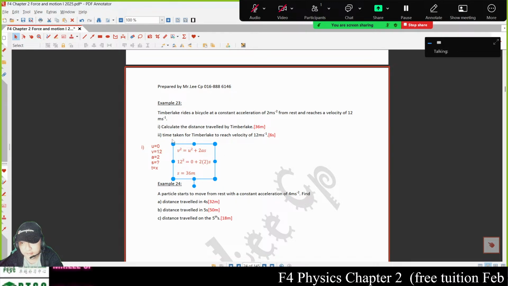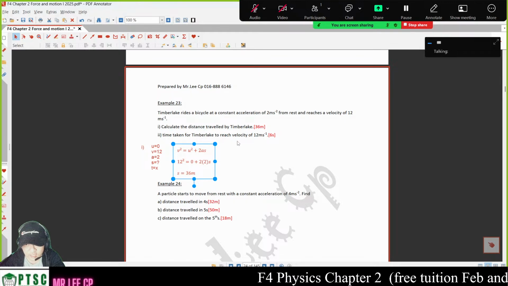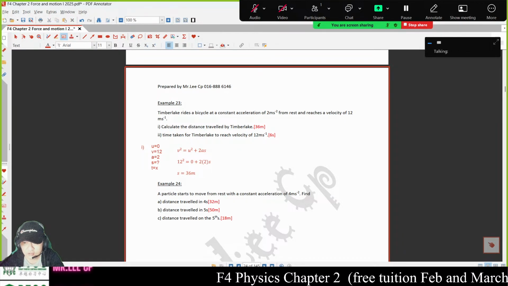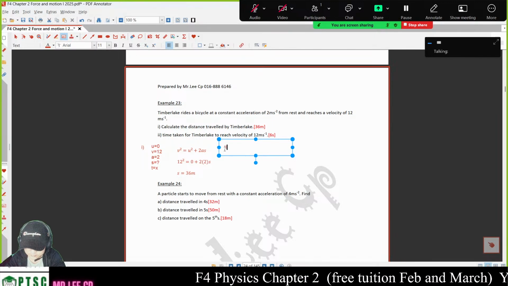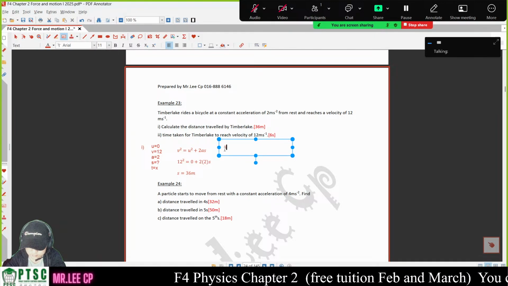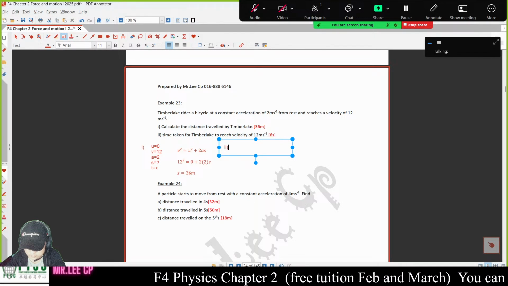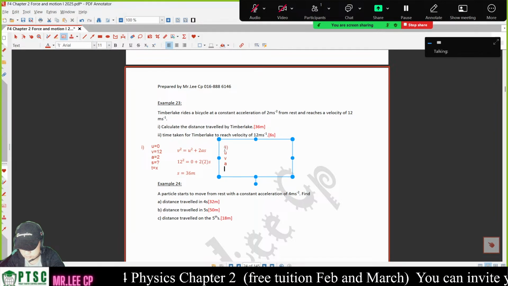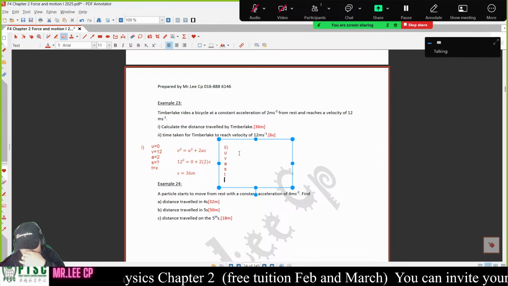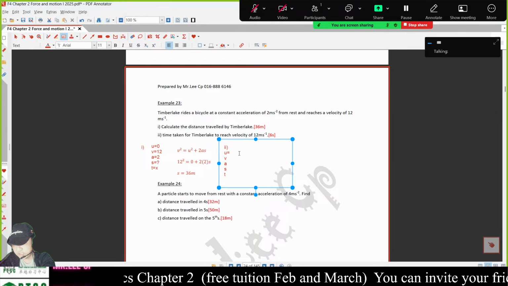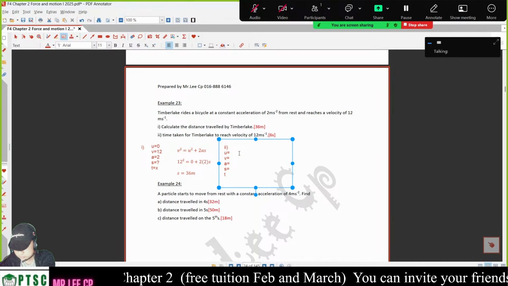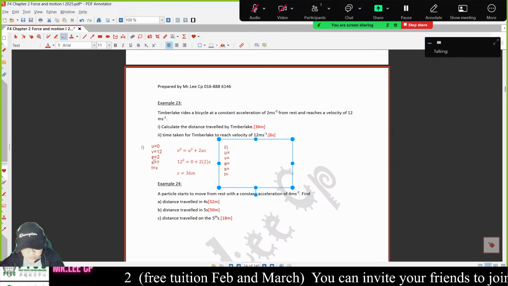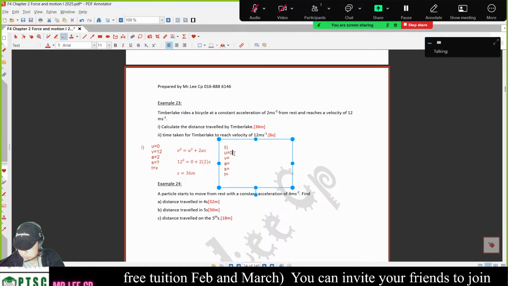Okay. Second one, find the time taken for Timberlake to reach the velocity. So now UVAST again. U, initial velocity, you can copy it from here.